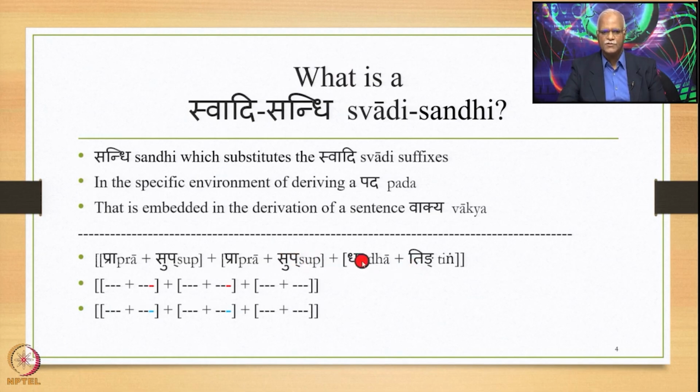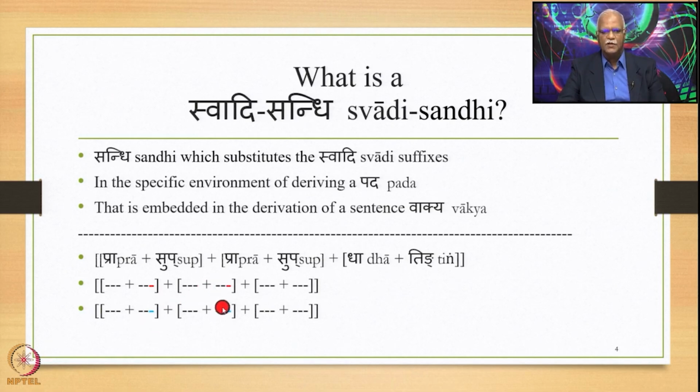Now in this particular structure, this is a prakriti, this is a pratyaya, this is pratipadika, this is sup. Now at the end of this sup, there appears a particular sound, and at the beginning of this second pada, where there is a pratipadika, at the beginning of this there is one more element, and then this element at the end of the first pada, which is part of sup, is substituted by a particular element.